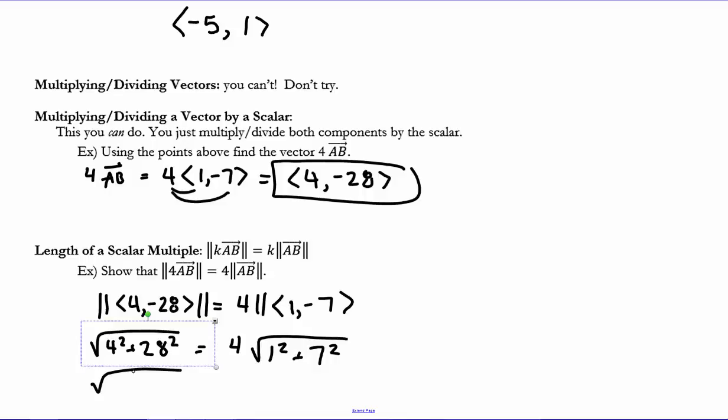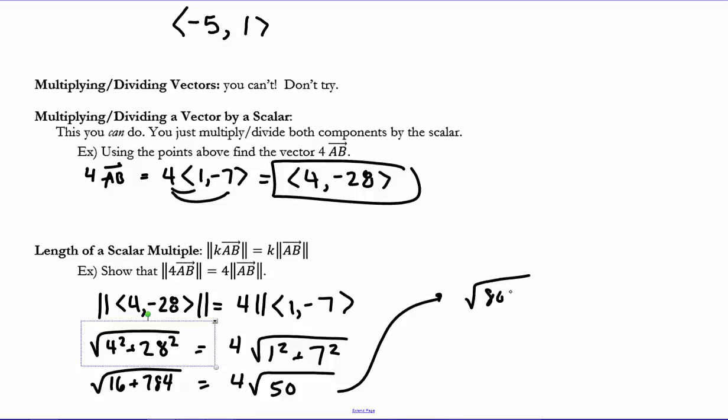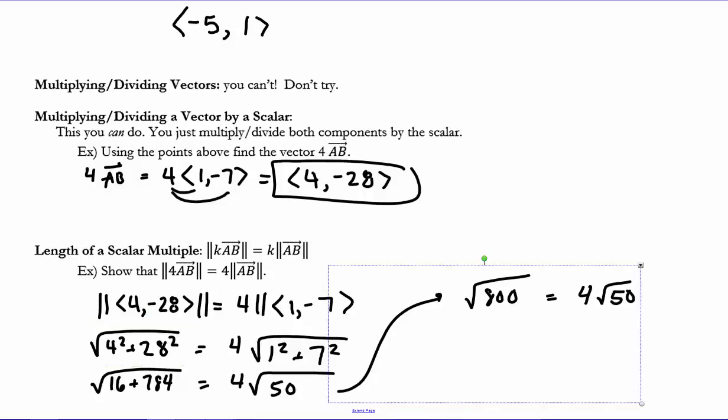So here I have the square root of 16 plus 784. And over here I have 4 times the square root of 50. And 16 plus 784 is the square root of 800. And over here I have 4 root 50. And if I take this and divide by 50, I'm going to get 16.